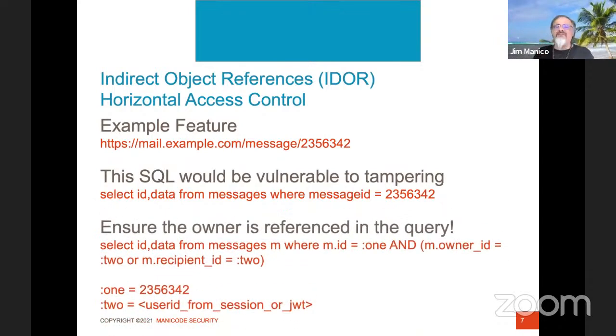Last, here's how I fix the problem at the database level. I'm saying select data from messages where the ID is the message number and the owner or the recipient must be a user ID, which I get from session or a JWT. Now, only the recipient or the sender at the database level is able to read that message.